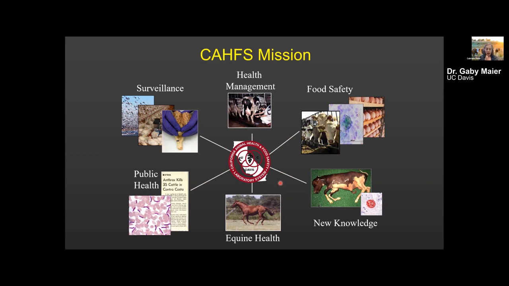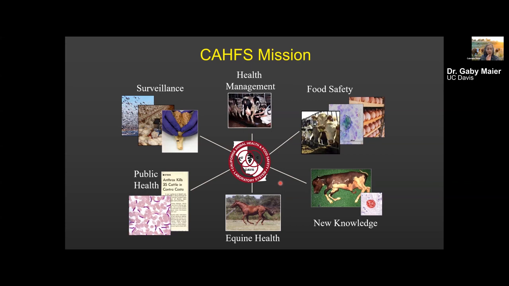They provide services for health management. For example, some of the labs have a milk quality lab that cultures milk for mastitis pathogens. Food safety, so testing for things like salmonella. New knowledge, so there is research that is always going on with the scientists at the CAHFS lab, and in conjunction with other scientists at UC Davis.